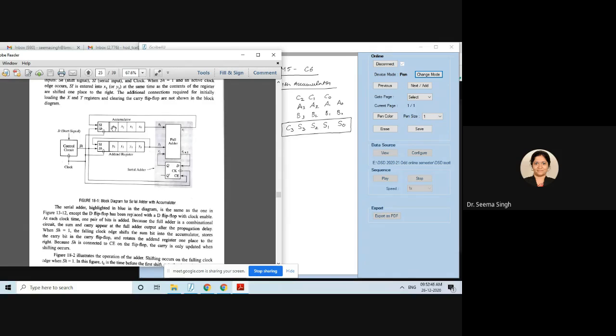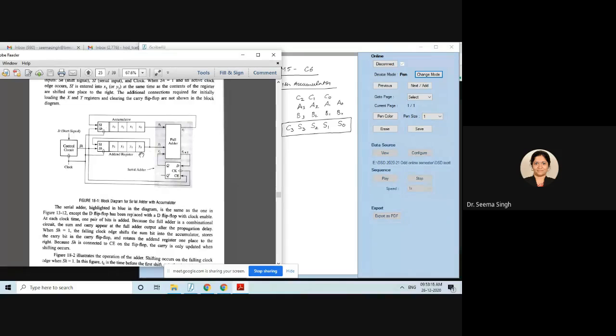So along with this serial input, you need to shift your data. I told you, as soon as I get my S0, my A0 and B0 are no more needed. So what happens? When your S0 comes, the data shifts to the right by 1 bit. So you will have your X3 here, X2 here, and X1 here. In the same way, you will have your Y3 here, Y2 here, and Y1 here.